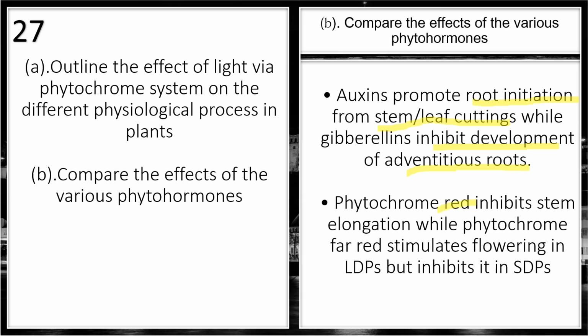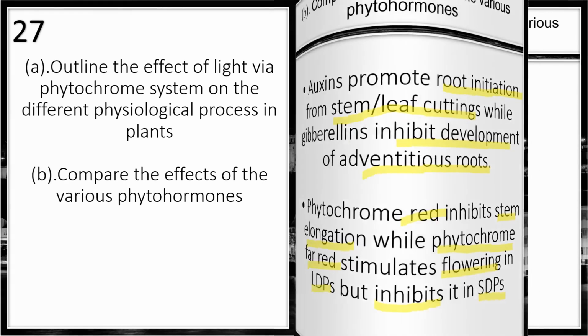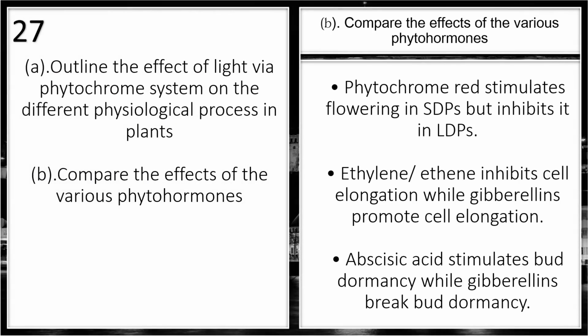Phytochrome red inhibits stem elongation, while phytochrome far red stimulates flowering in long-day plants but inhibits it in short-day plants. Phytochrome red stimulates flowering in short-day plants but inhibits it in long-day plants.